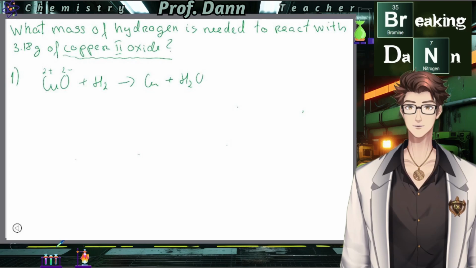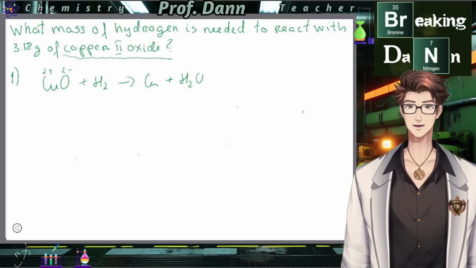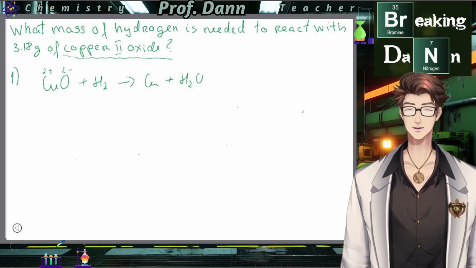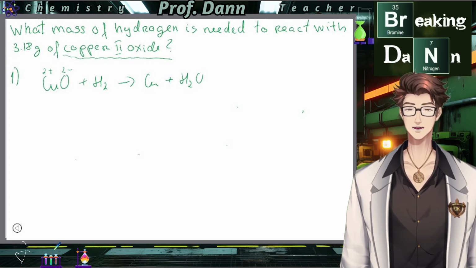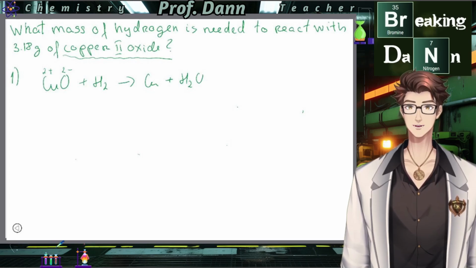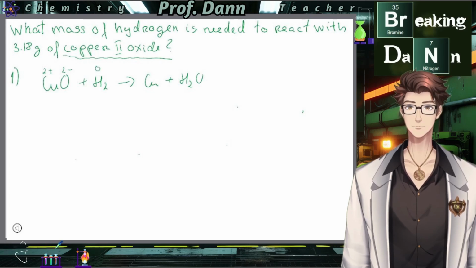So let's look at hydrogen on the left side. Since hydrogen is a single element, in different words, hydrogen is not combined with any other elements, the hydrogen oxidation state is 0. Okay, and let's look at copper on the right side.